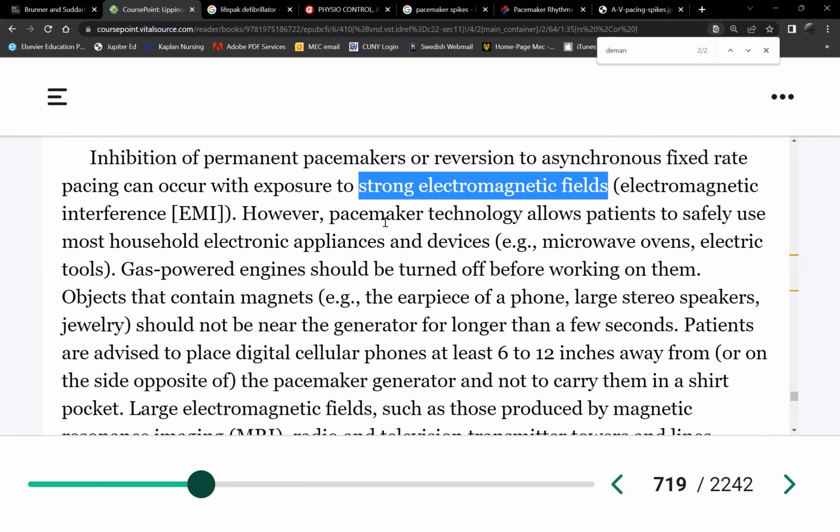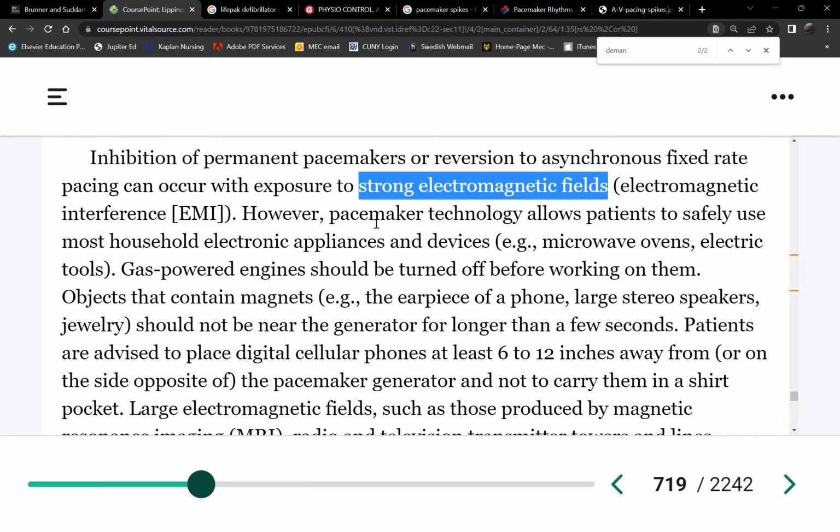What do you teach the patient? You don't want any large magnets. Welding equipment has magnets. Anti-theft devices in stores, but you can walk past them, just don't hug them.